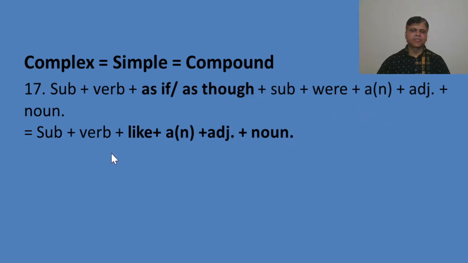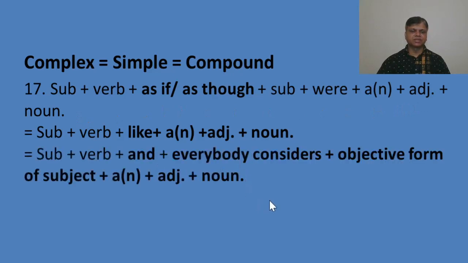That is, you have to use the independent clause first, the first portion of the sentence, the main clause, subject verb, then like, then a or an, adjective and noun. Then it will be a simple sentence.